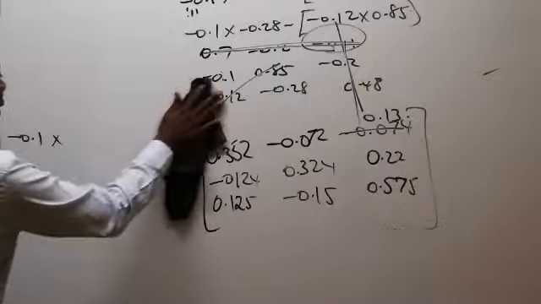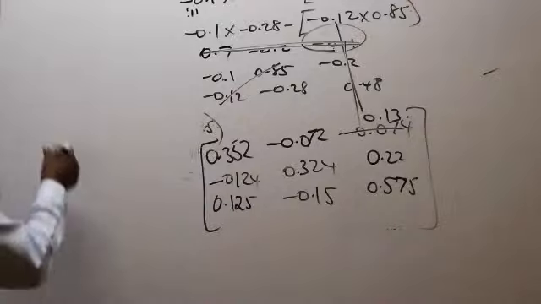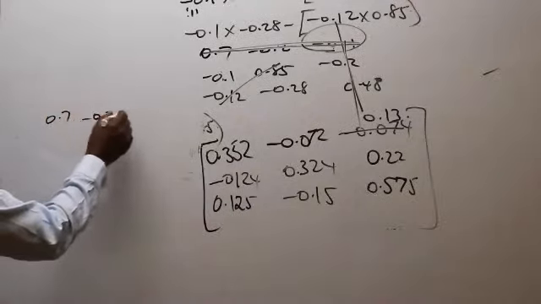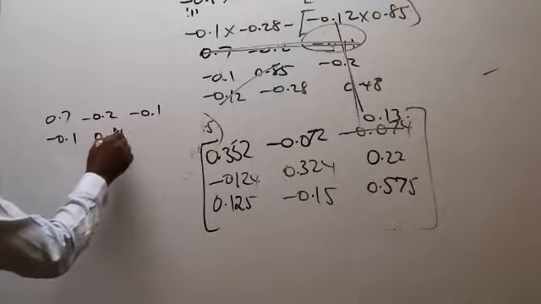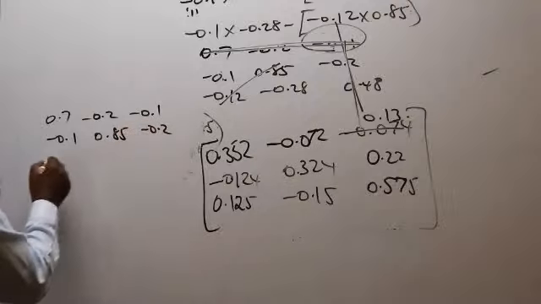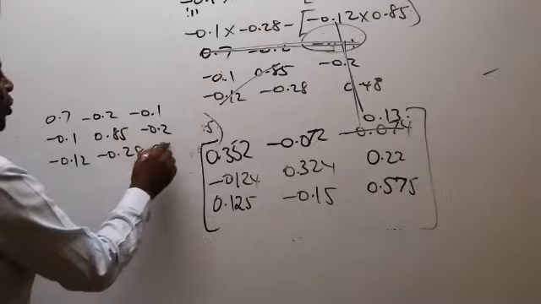I have here 0.7, minus 0.2, minus 0.1, minus 0.1, 0.85, minus 0.2, minus 0.12, minus 0.28, 0.48.